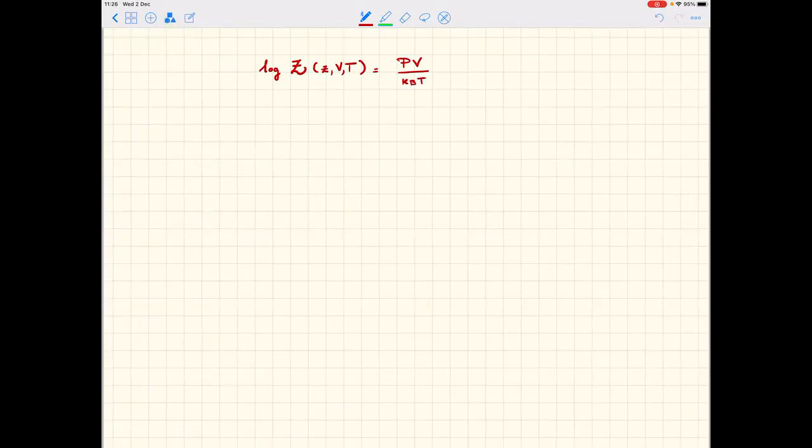And you see that this is practically like telling you, if you're able to compute the log of the grand canonical partition function, you will be able immediately to get something like an equation of state for your system, because you remember that this ratio PV over KBT is exactly what appears in the equation of state of the ideal gas.